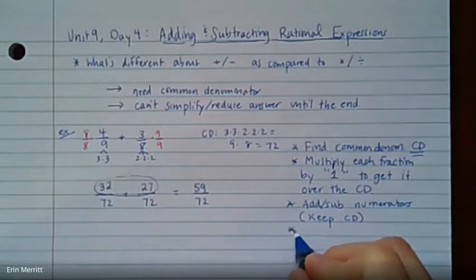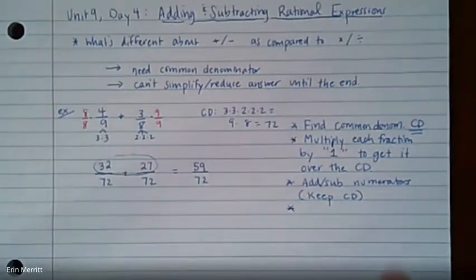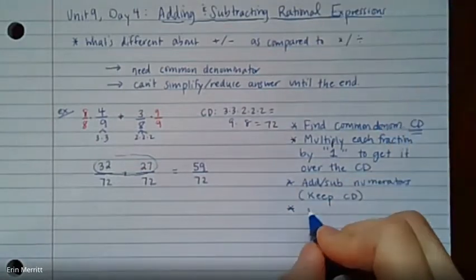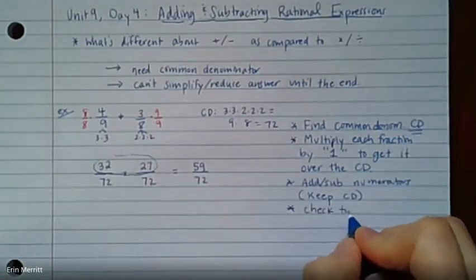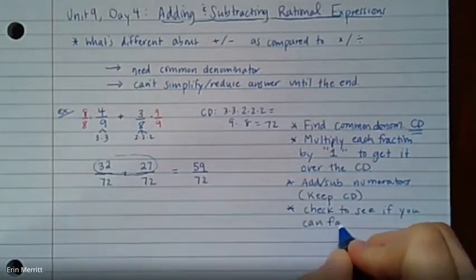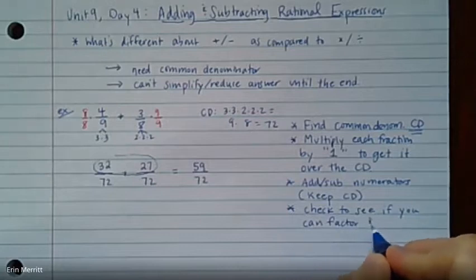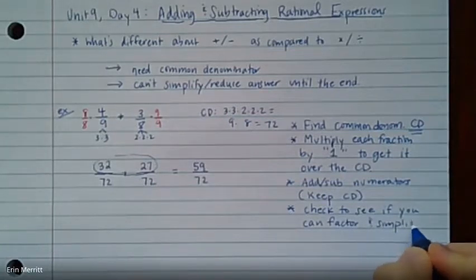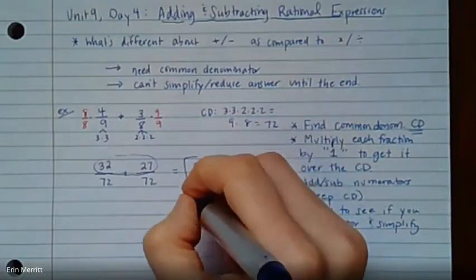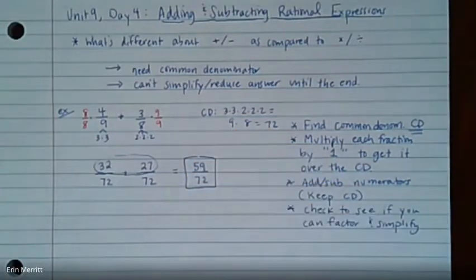And then your last step should be, can we simplify it? Wait until the end to see if it simplifies. So check to see if you can factor and simplify. This particular one, 59 is not going anywhere, so we are stuck with 59/72.